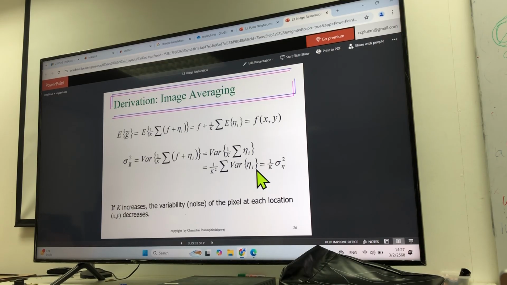That means the variance of the noise will be reduced by K. If K is large, what happens? It gets closer and closer to 0. If K is large, the variance is very small. So the variance is reduced by K, but the expectation is the constant F, and that's why you're going to see less noise.